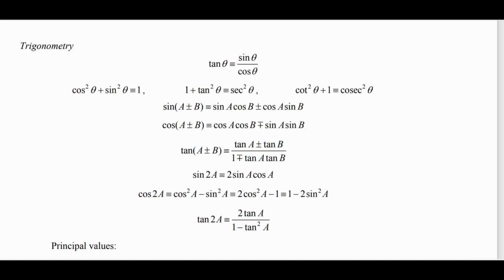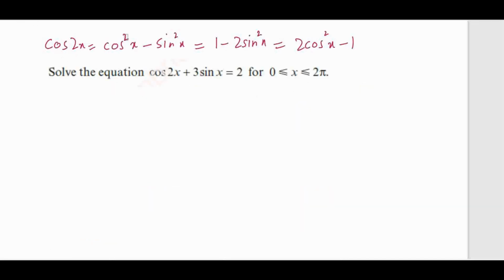So we have these three identities for cos. Now we will use this one.